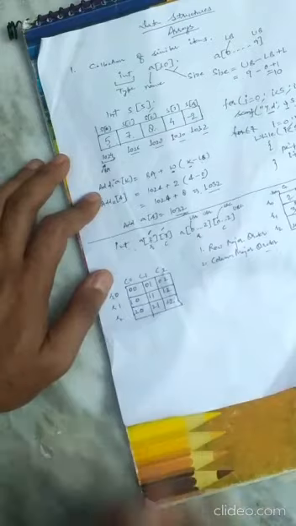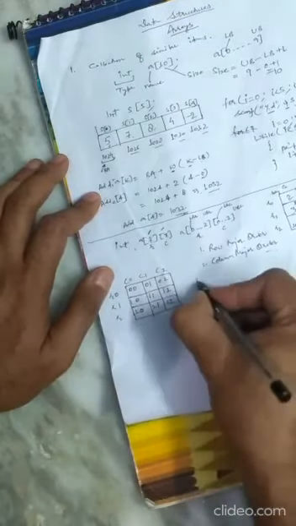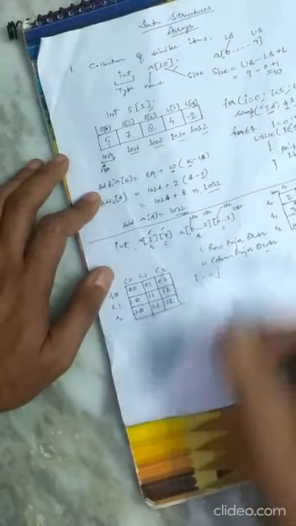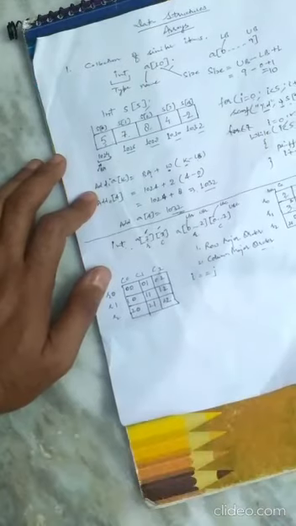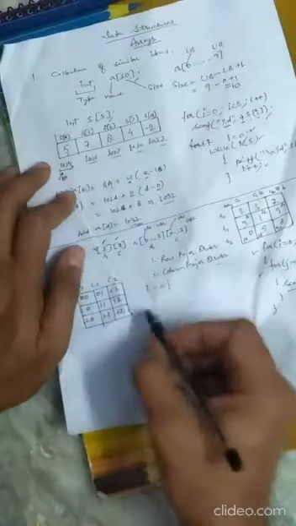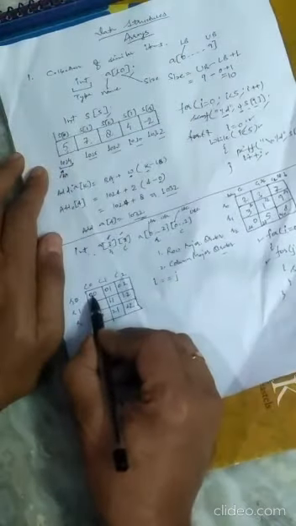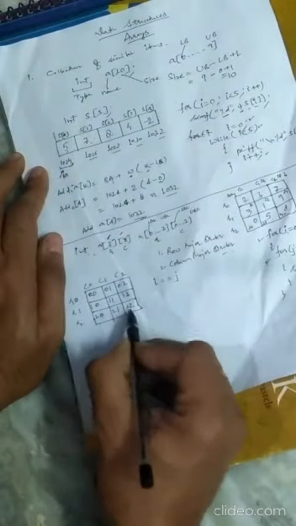Right? So just look at the positions where i is equal to j. Just try to find the locations where i is equal to j. Then you will simply say 0 0, yes, 1 1, yes, and 2 2, yes.